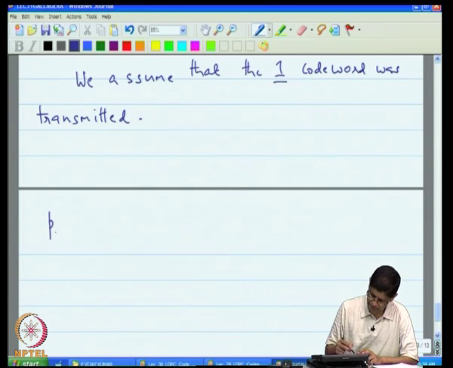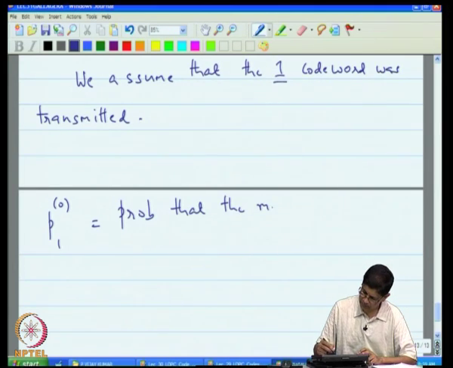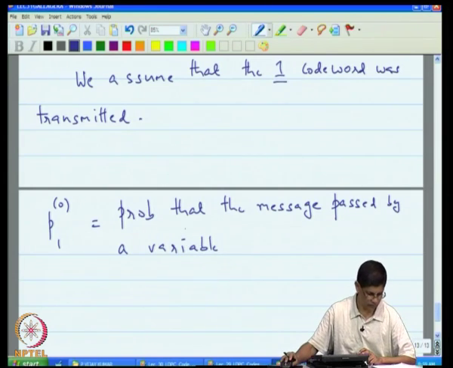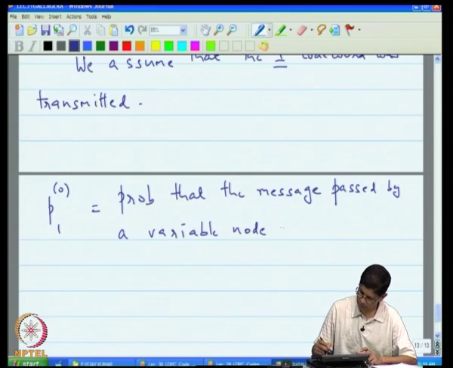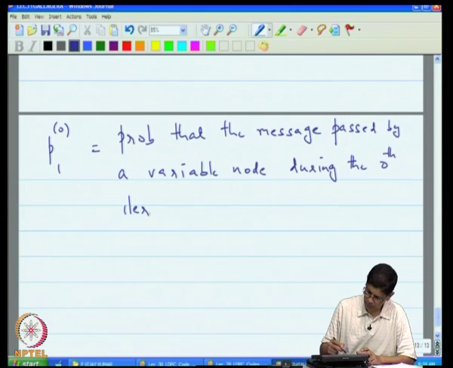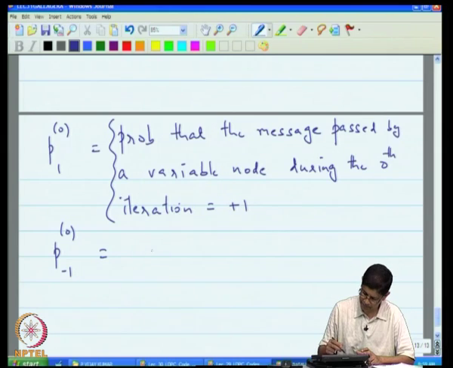Let us say that P 1 of 0 denotes the probability that the message passed by a variable node during the 0th iteration is equal to plus 1, and P minus 1 of 0 is the same similarly for minus 1.